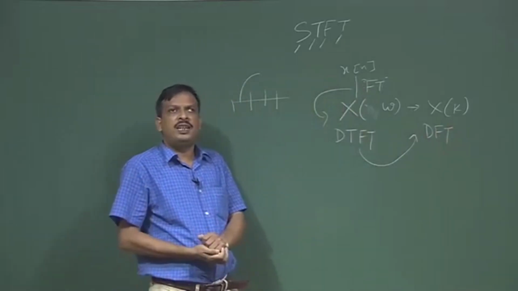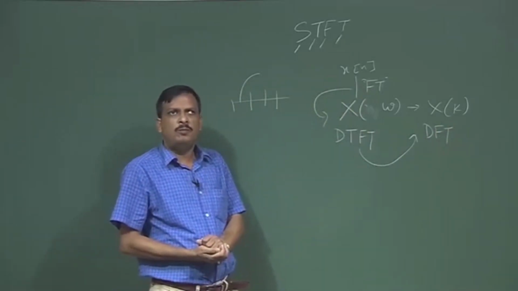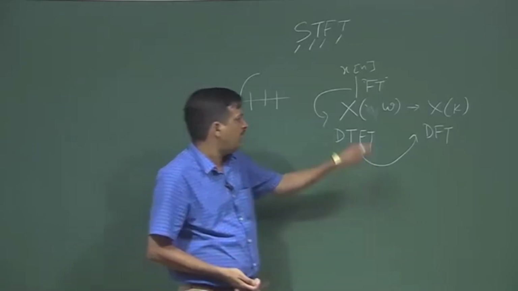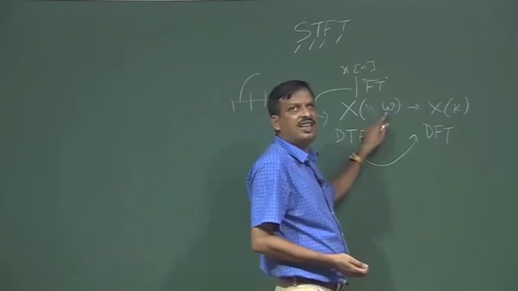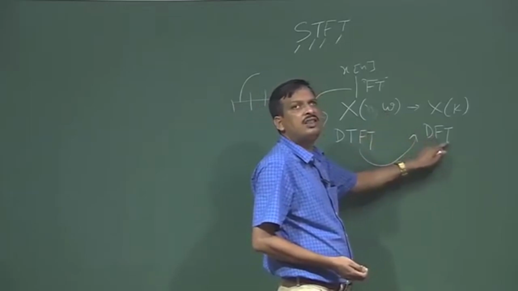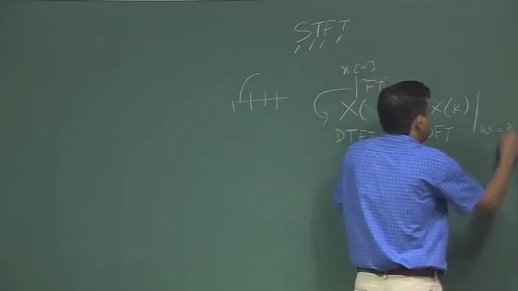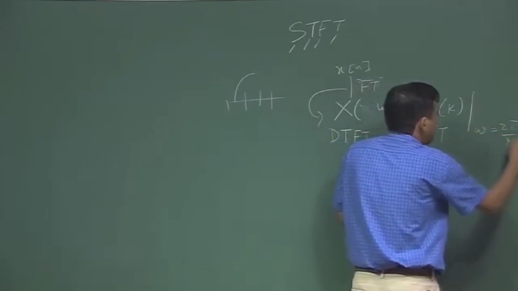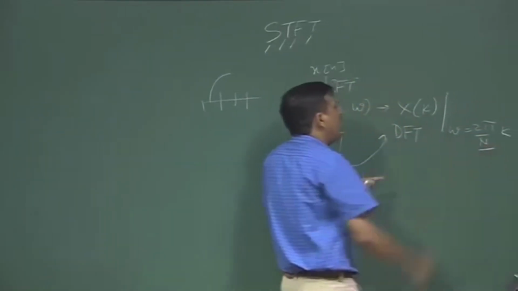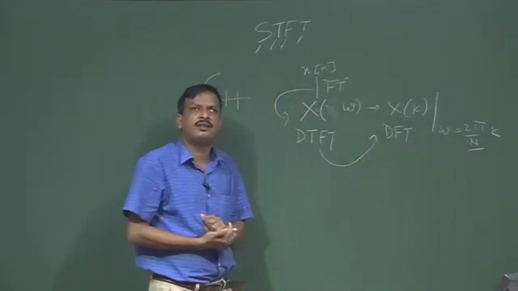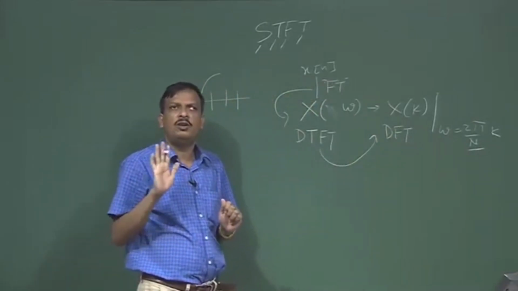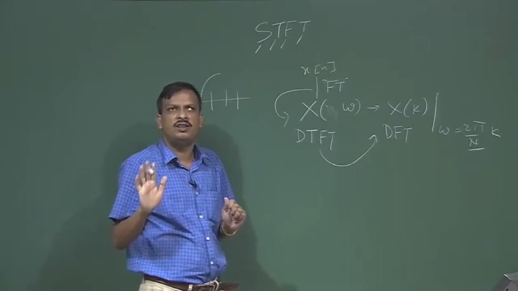So, FFT is nothing but an algorithm for implementation of DFT. Once omega is discrete, then I say it is DFT. That means, here omega is nothing but 2 pi by N into k, where N is the length of the DFT analysis. That is the recap from your review of DSP, digital signal processing.